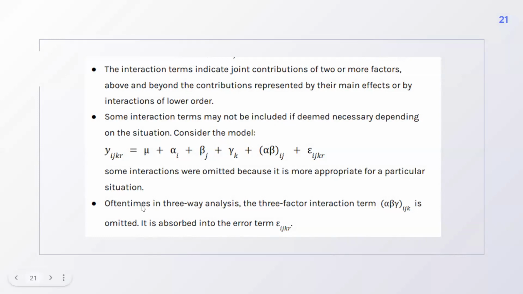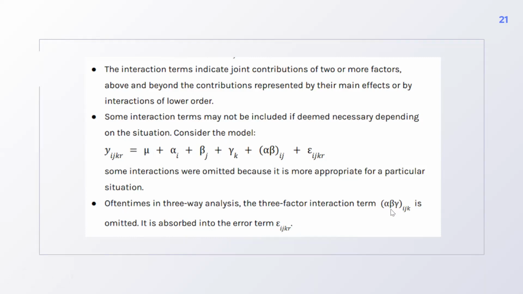Last remark, oftentimes in three-way analysis, the three-factor interaction term alpha beta gamma sub ijk is omitted because it is absorbed into the error term e sub ijkr.